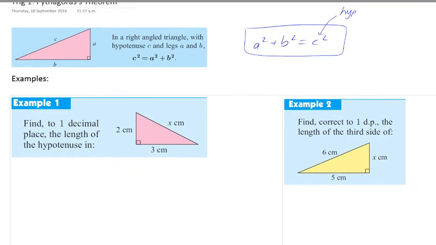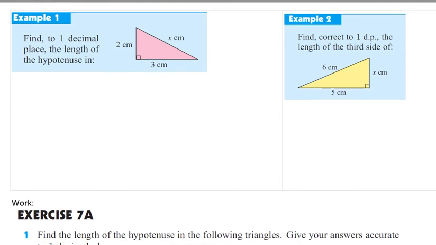Okay? So looking at our first example here, if I'm going to label my sides A, B and C, the only one that matters is which of these three sides? X. And what am I going to label X, Alex? H or C. Okay? The other two sides I'm going to label A and B. Alright?